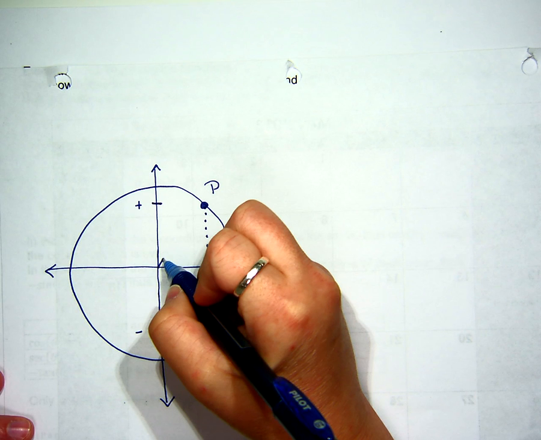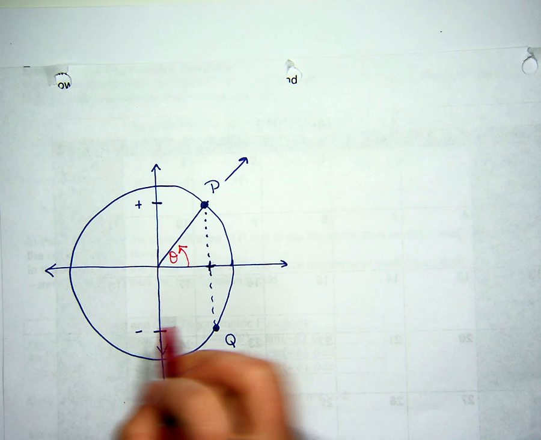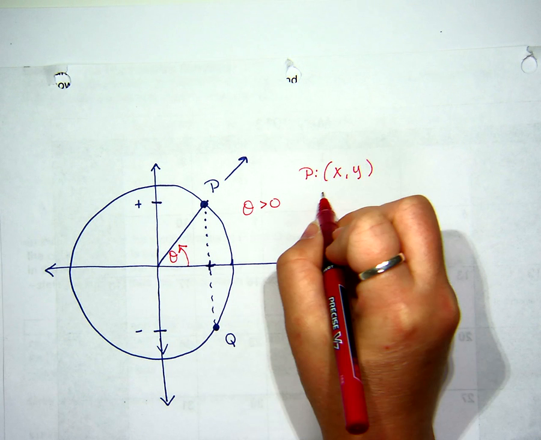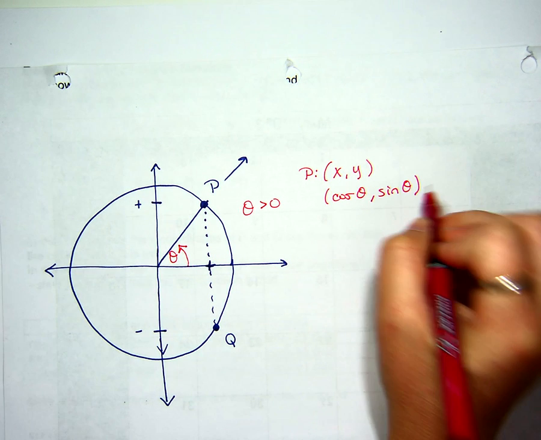Now, if I want to talk about an angle from my initial side in standard position to the point P here, theta opening up, theta here would be greater than 0. So my point P, having x, y coordinates, would be cosine positive theta, sine positive theta.